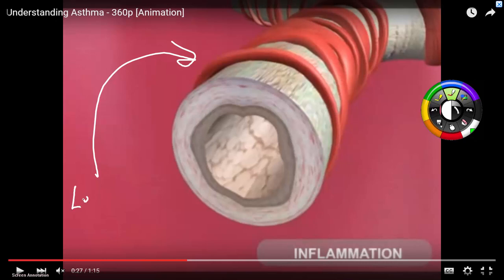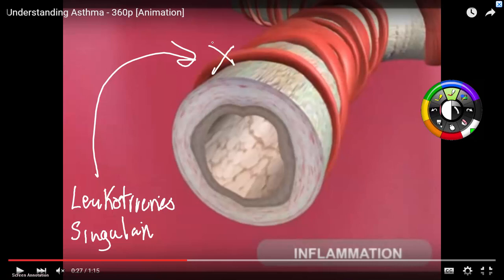Well, remember these little leukotrienes? So they've come out with drugs, you've probably heard of Singulair. It's an oral medication, and basically it is a leukotriene inhibitor. So it prevents the leukotrienes from binding to leukotriene receptors in the smooth muscle. And it prevents those bronchioles from spasming. So that's a newer drug.